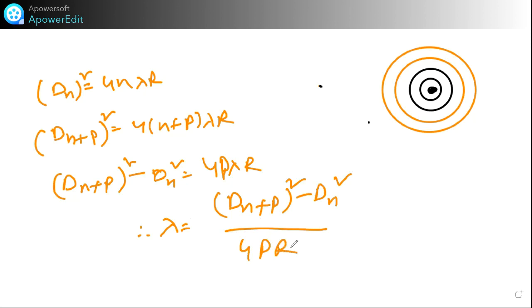By using this formula, we can determine lambda.